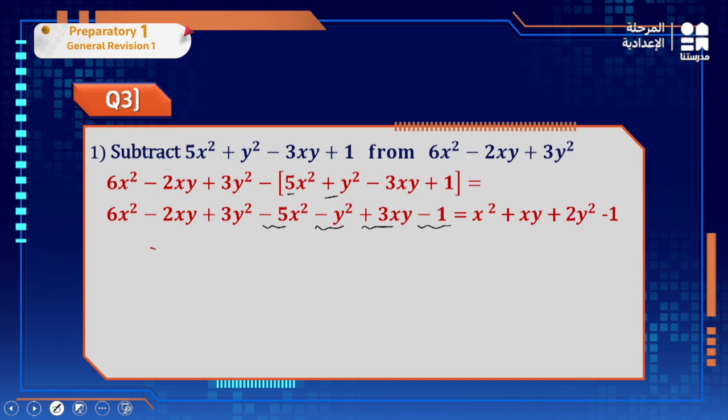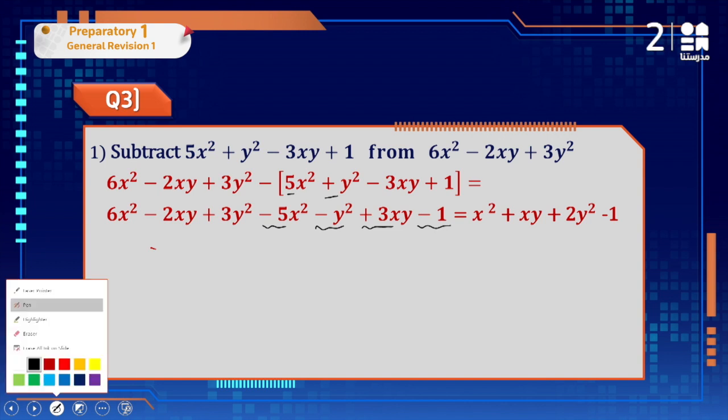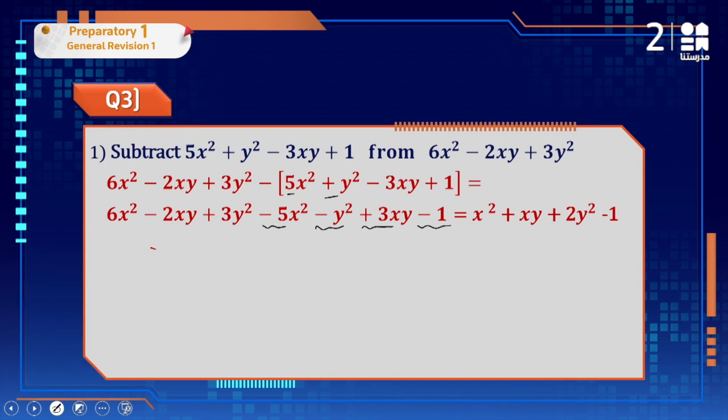Then let's pick the same or the like terms with green. Here we have 6x squared, and do we have any other x squared? Here we have minus 5x squared. 6x squared minus 5x squared equals 1x squared, and no need to write 1, of course.